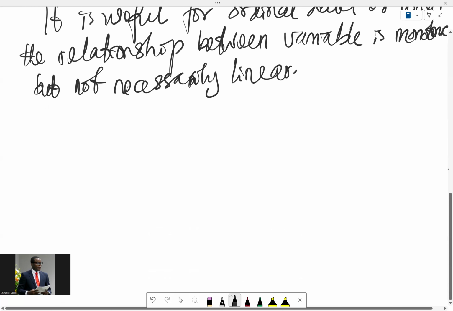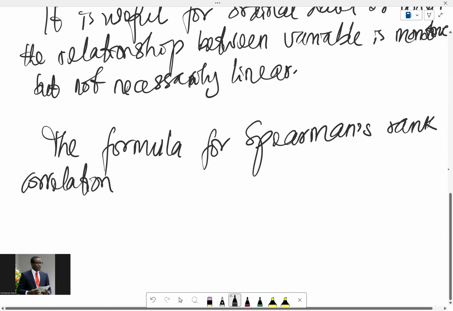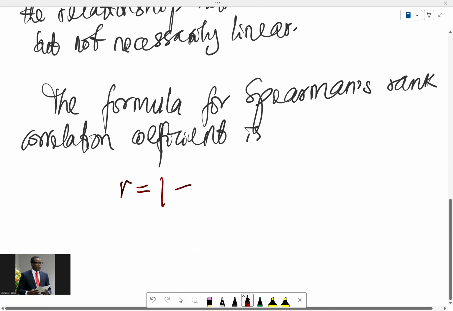So the formula for Spearman's rank correlation coefficient is rho equals 1 minus 6 summation di all squared divided by n into n squared minus 1.